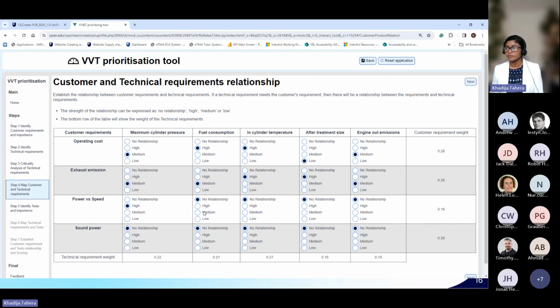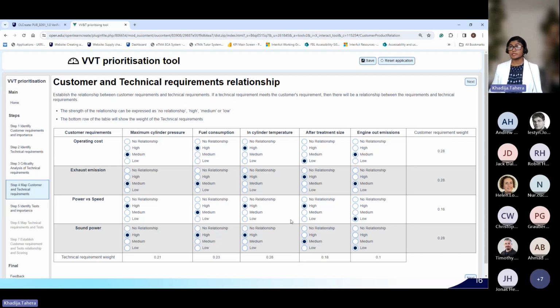So 9, 5, 9, 5: 9 means high, 5 means medium, and low is 3. This is how we defined the value for the relationship. 9 and 1, and then sound pressure we've got, it doesn't really matter, but I'll do this anyway.